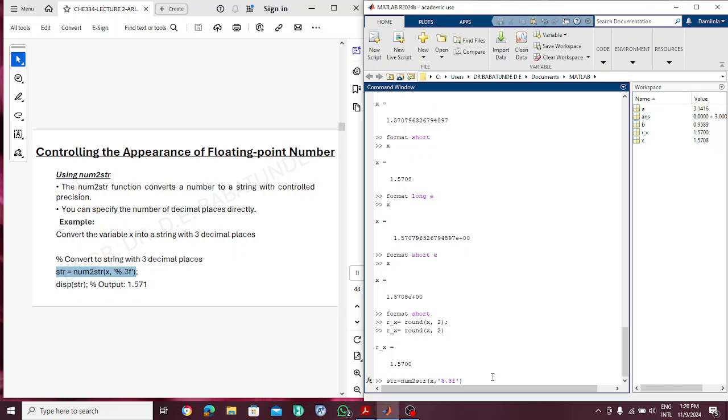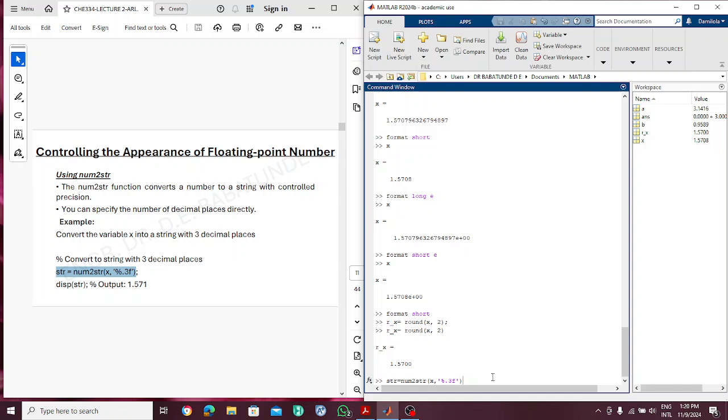So in this command that we have here, the idea is to convert our x value into a string, and we store it into a variable str. Once we convert x and store it into str, one thing happens. Str, which is the new variable we have created, will behave like a string, not like a numeral. So you can't do any computation on that variable str.